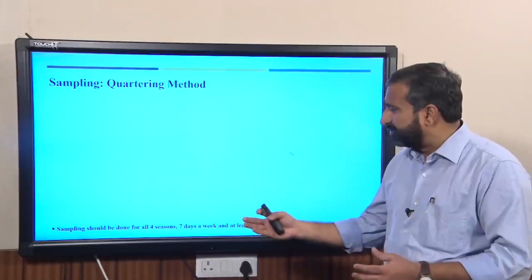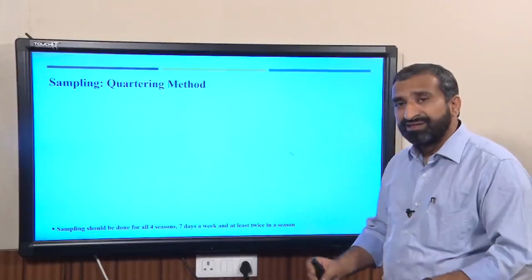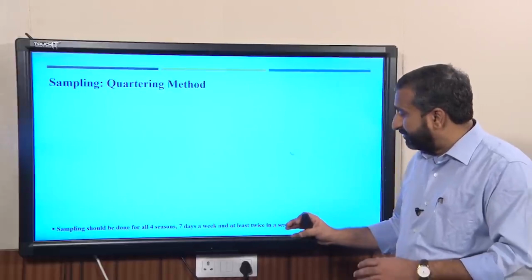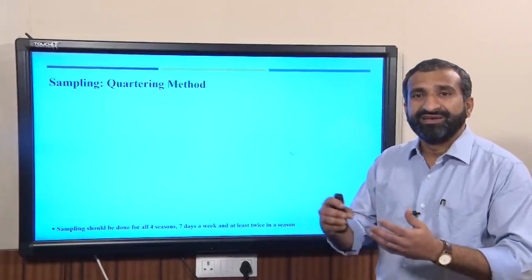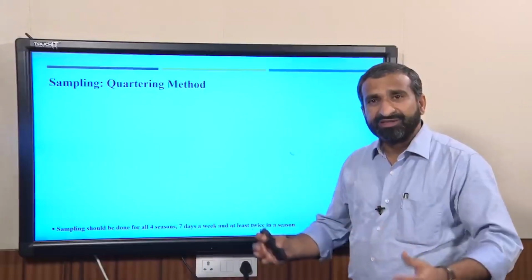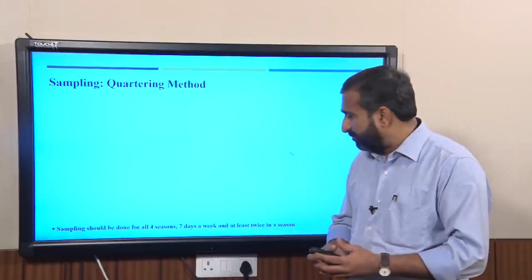If you want to understand the different physical or chemical characteristics of the solid waste, you need to collect samples from the 4 seasons, and normally over a week, the entire 7 days, because weekdays and weekends produce waste in different ways, and at least twice in a season. So the characterization sampling itself is very difficult.